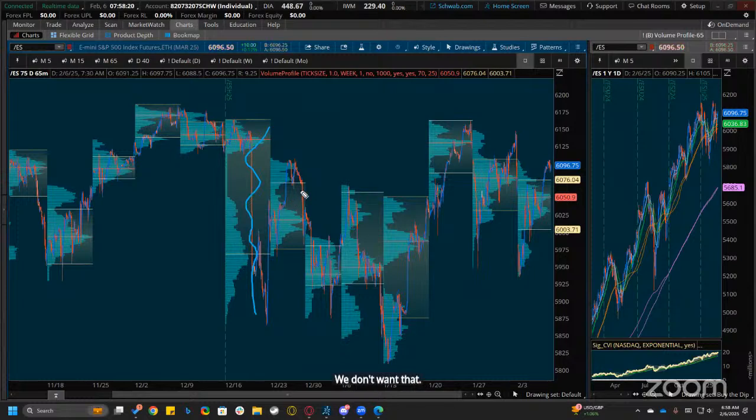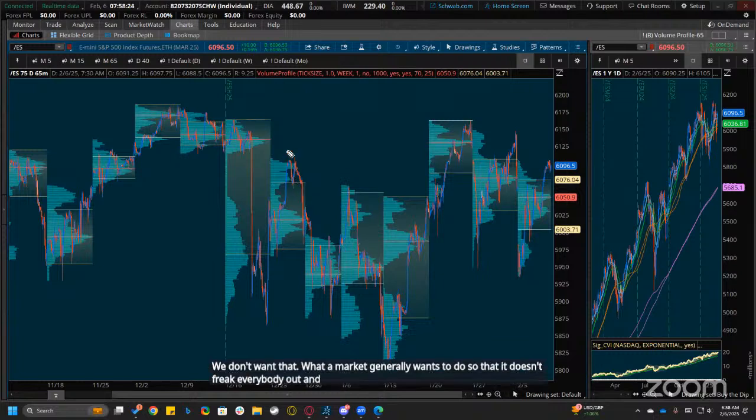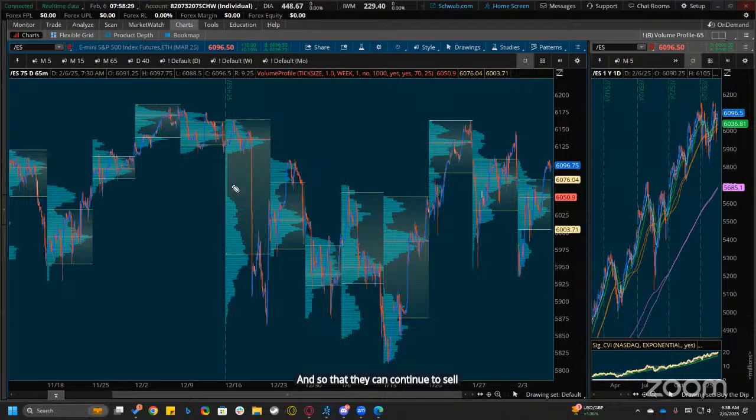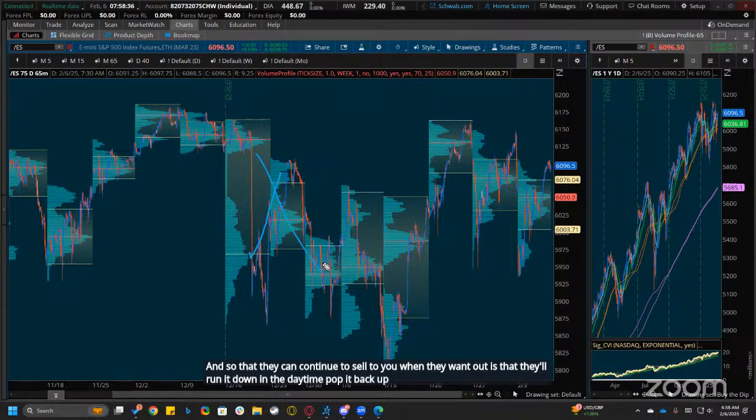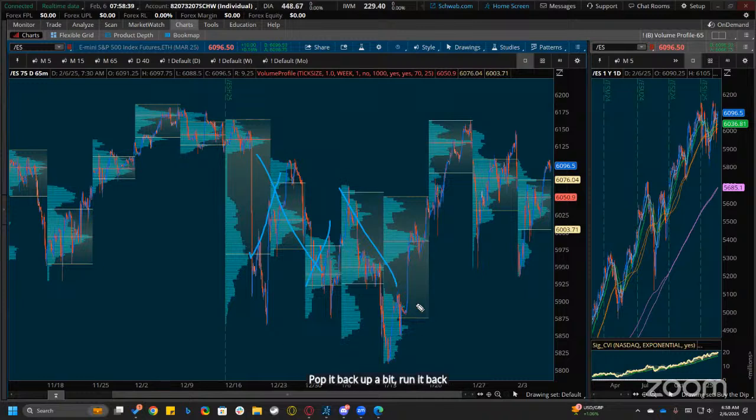What a market generally wants to do, so that it doesn't freak everybody out and so that they can continue to sell to you when they want out, is run it down in the daytime, pop it back up some in the overnight, run it back down again, pop it back up a bit, run it back down again. Kind of get the idea, right?